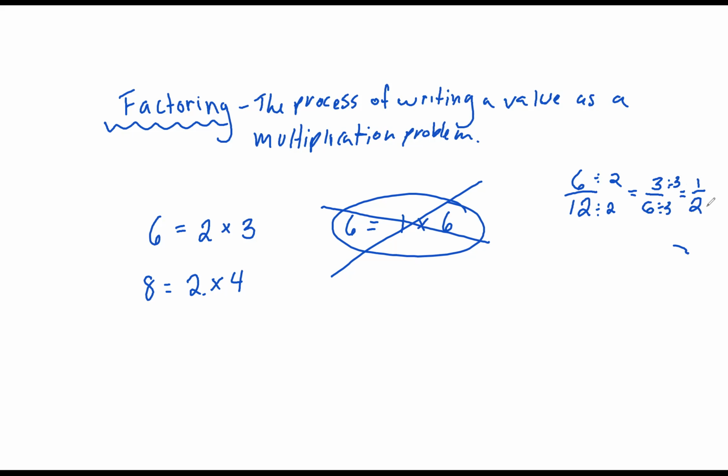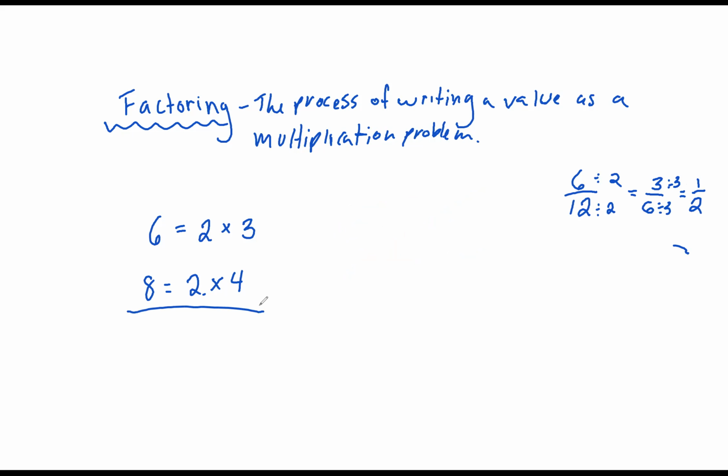So factoring is the same way. Sometimes it's beneficial to us to be able to factor a number all the way. So what does that mean? Well, if I look at 8 equals 2 times 4, look at the factors. There's a factor of 2 and there's a factor of 4. Is there any way that I could factor those anymore?